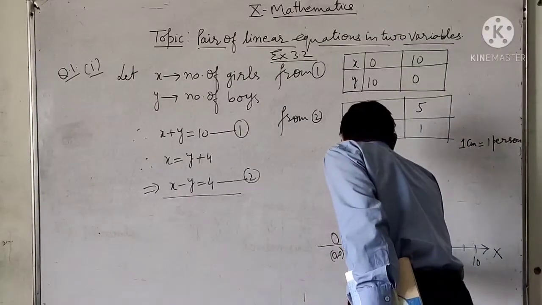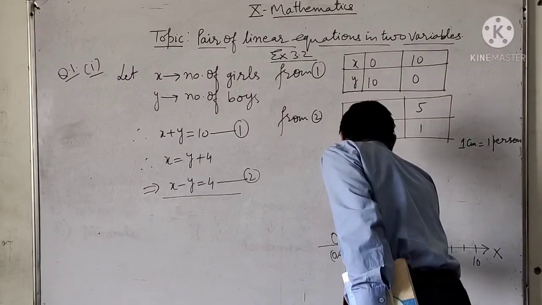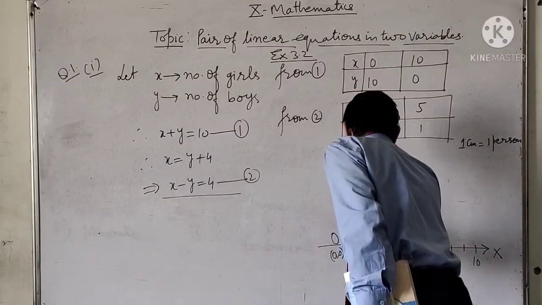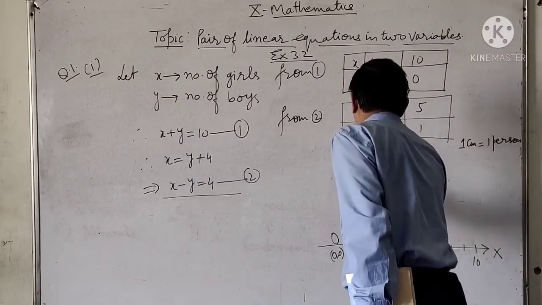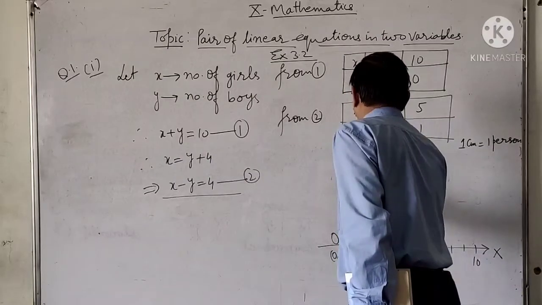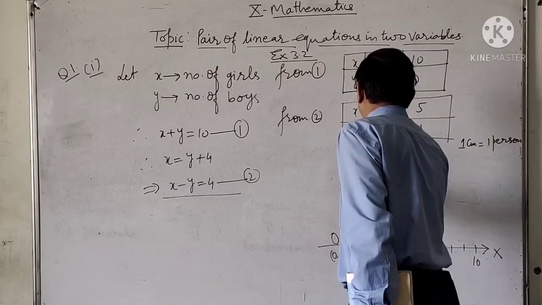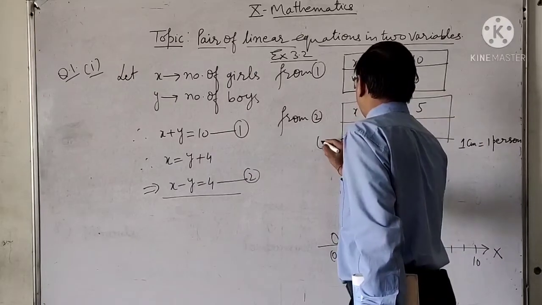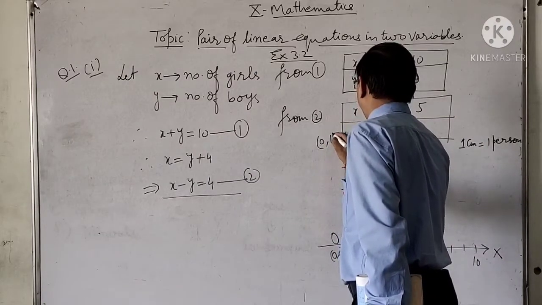Same is there. 1, 2, 3, 4, 5, 6, 7, 8, 9 and 10. There is a coordinate 0, 10.